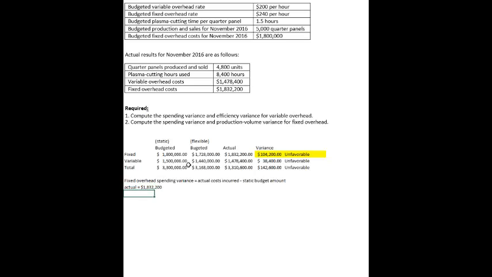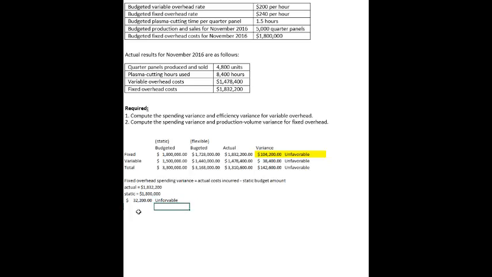That's what we actually spent. And the static budget was $1,800,000. When you compare the two, which is what this overhead variance is trying to do, you take the actual cost, the 1,832,200, and subtract the static budget, and you have a $32,200 difference. That's saying that we spent more than what we thought we should.